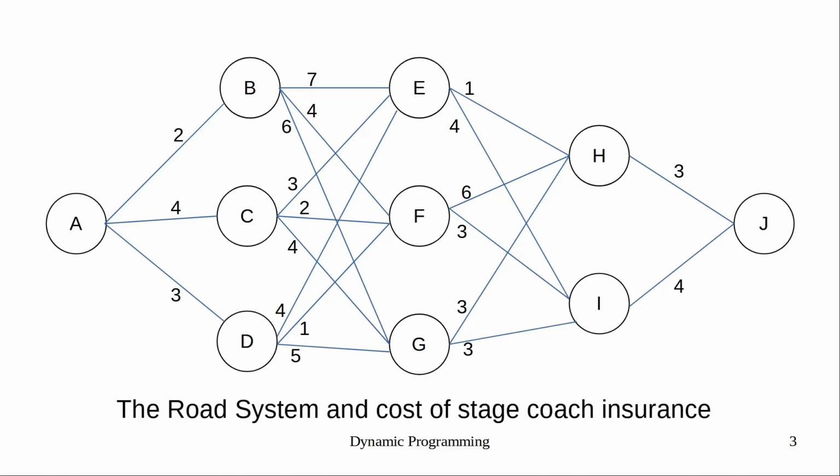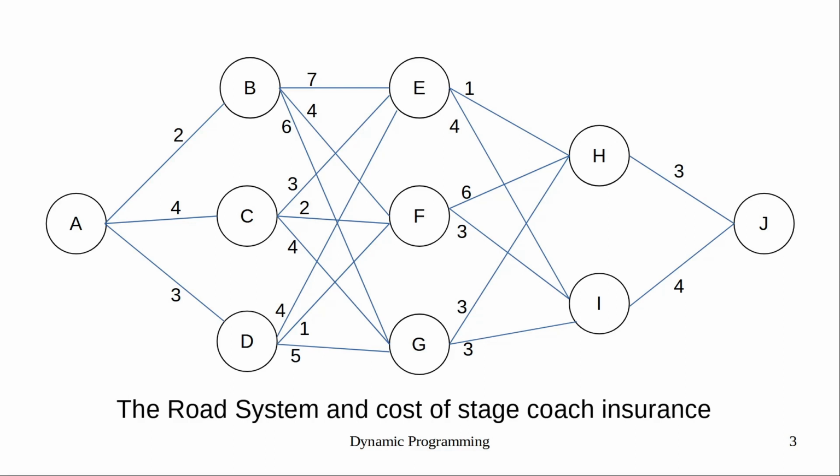Now for all these routes, there is an insurance. That is, you could buy insurance for travel. Routes which are very dangerous have a higher insurance cost, and routes which are not very dangerous have a lower insurance cost.